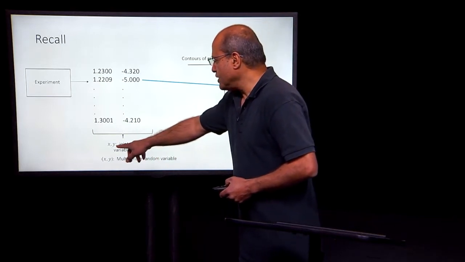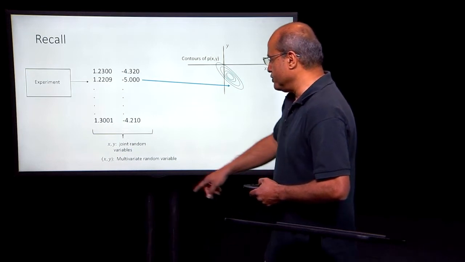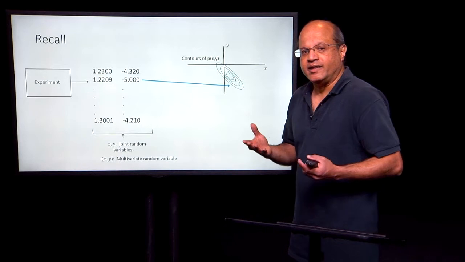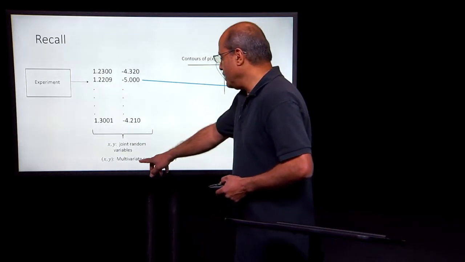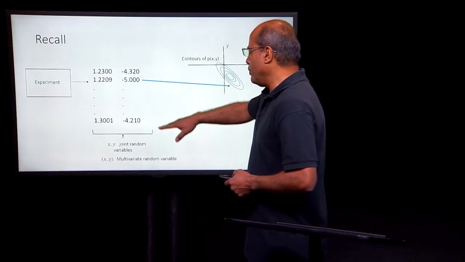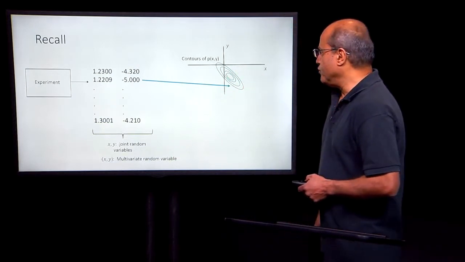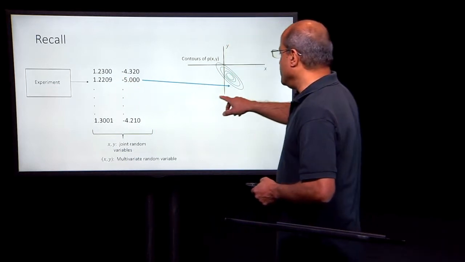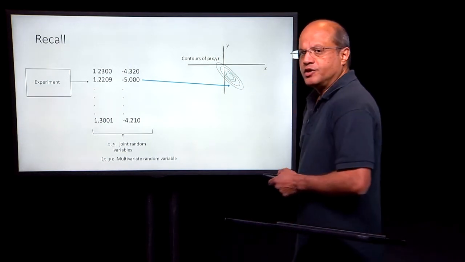If x and y are joint random variables describing, say, these two columns of numbers, then as a pair, we will just say that that pair is a single random variable, but it's a multivariate random variable. That's just terminology. Of course, when we call something a random variable, we have a probability density function for it. And each value of the random variable we say is a sample whose probability density is given by this function p of xy.